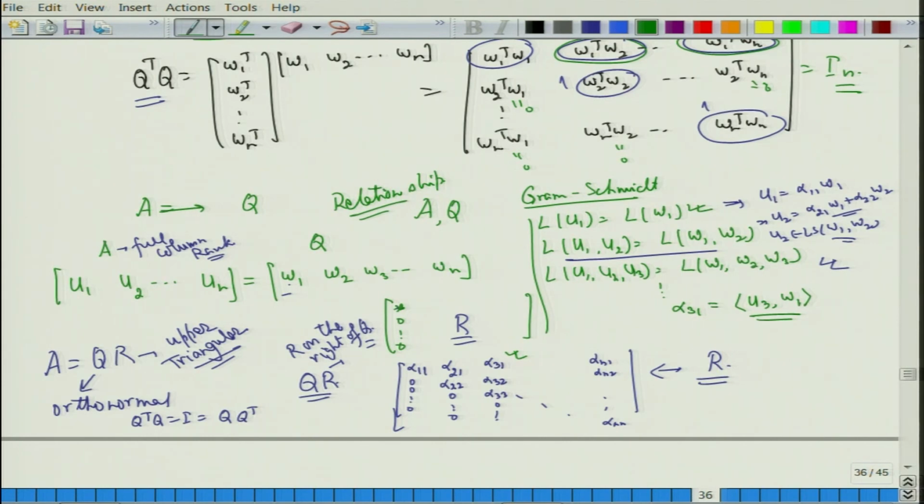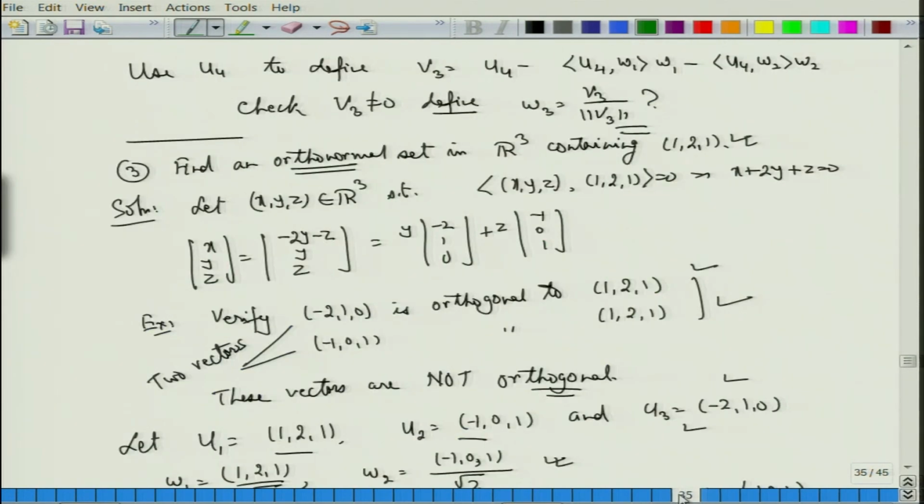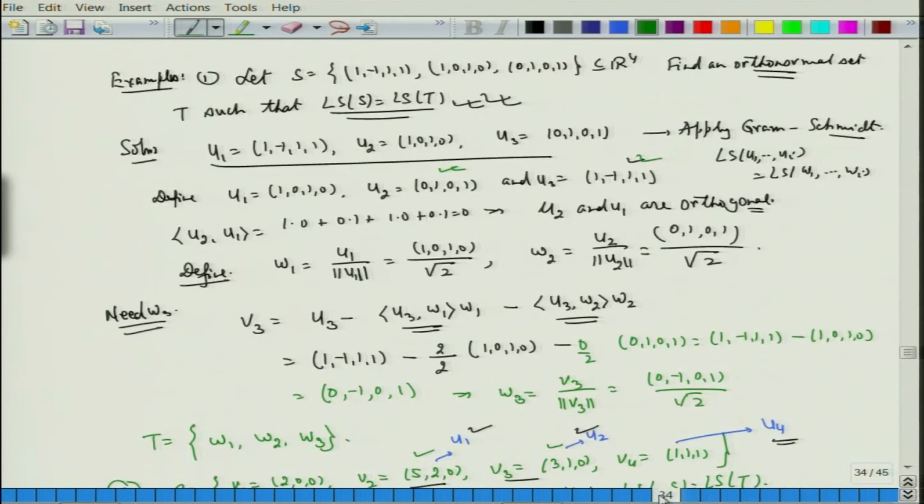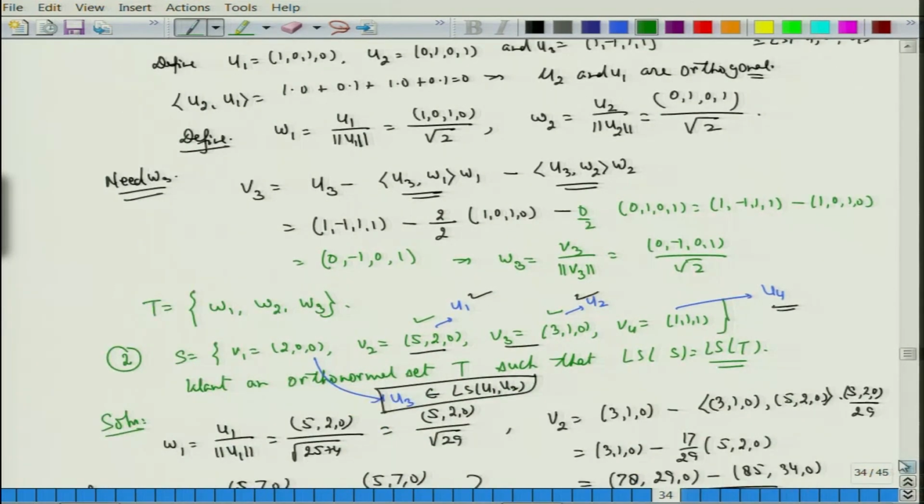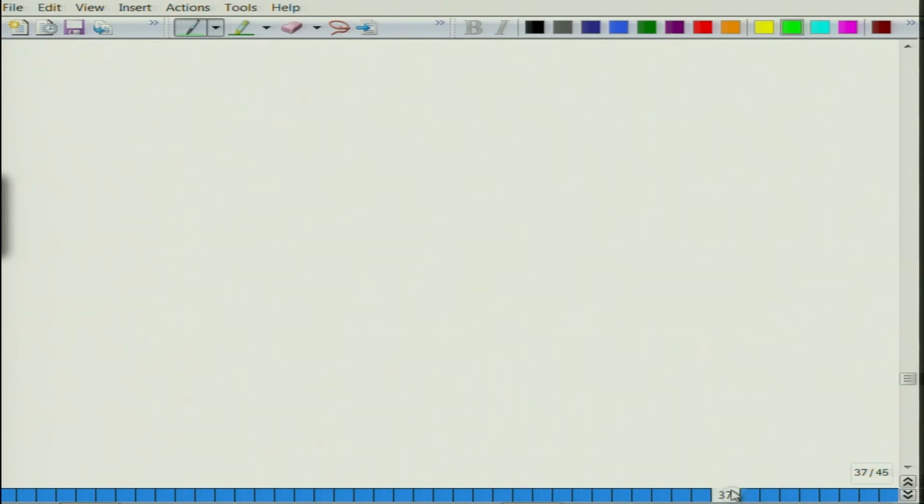But if I want to have a general setup, let's go to some example where I had an issue. So look at this example where I have a problem, where the columns of the matrix that I am going to take are linearly dependent.